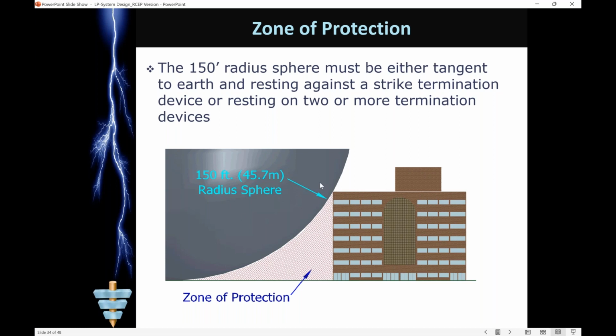We roll this ball up to it theoretically, and everything in this area right here is considered the zone of protection. So if we have outbuilding structures that fall within the zone of protection, they won't need to have strike termination devices or anything bonded. They're protected by the air terminals and the LP system, which is on the rooftop.